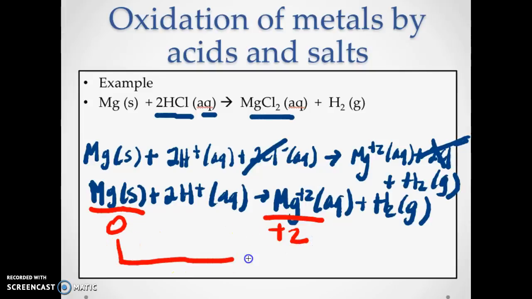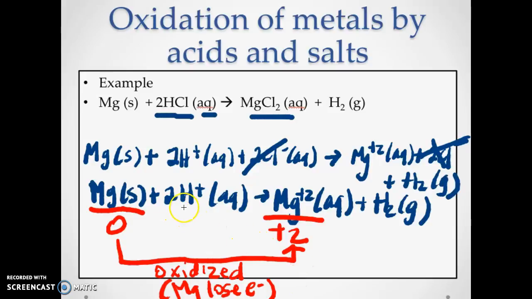So the number went from 0 to plus 2, so it's bigger, so this is oxidized, meaning that Mg is going to lose electrons, okay? It's going to lose 2 of them, right? Because it has a plus 2 charge. So it's going to lose 2 electrons.